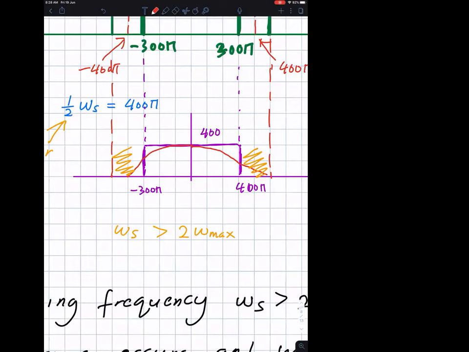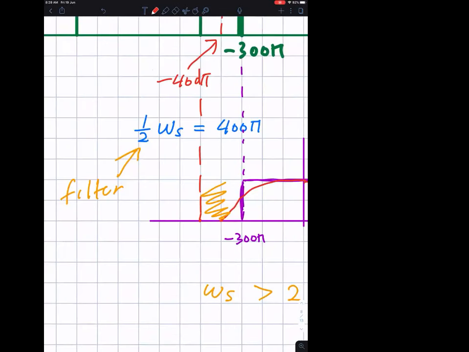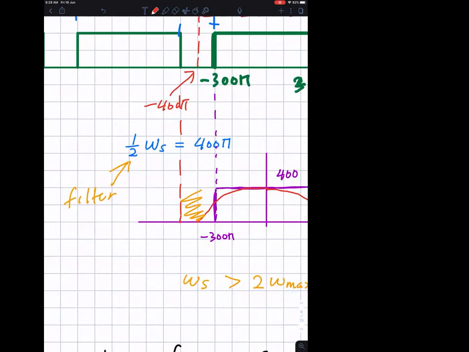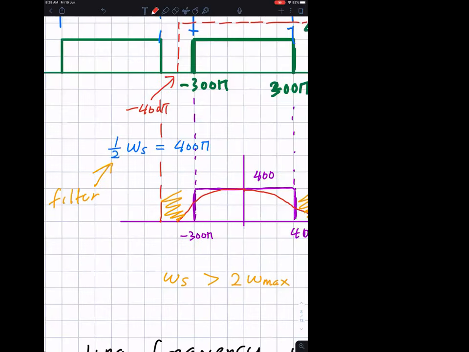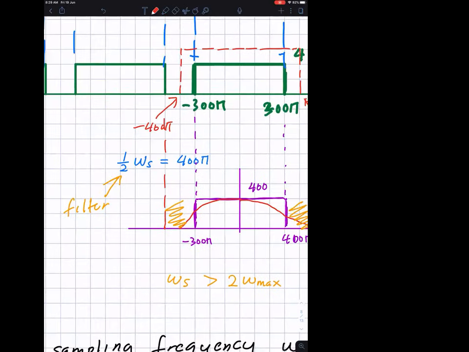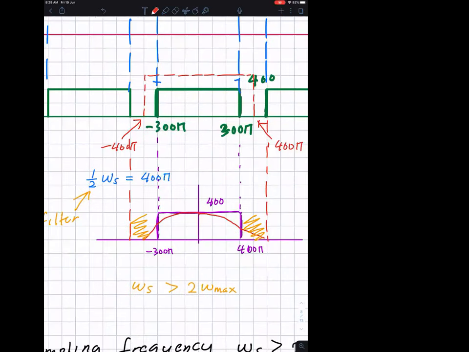Just now somebody asked about the filter, because our filter cutoff frequency is 1/2 the sampling frequency. Our sampling frequency for this case is 800 pi, so 1/2 the sampling frequency is 400 pi. JJ, were you asking the question? Yes, sir. Did I answer your question?